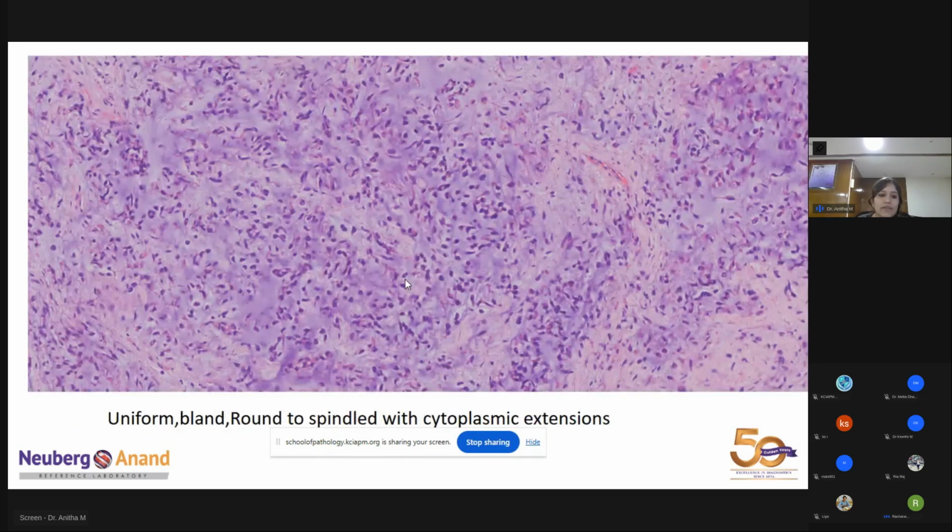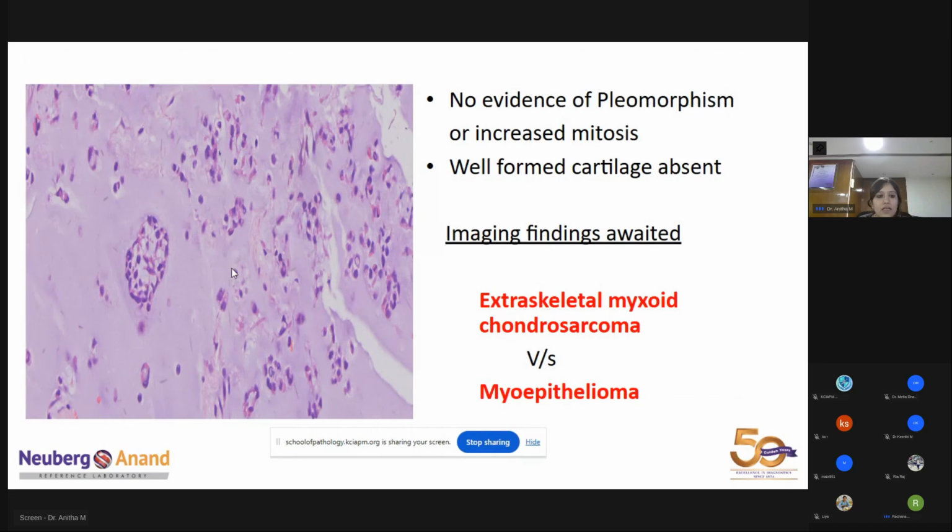Individual tumor cells were uniform and bland, like you described. They were round to spindled with dispersed chromatin, eosinophilic, with a few cells showing vacuolated cytoplasm. The spindle cells show cytoplasmic extensions. This image highlights the vacuolated tumor cells and the other bland, round to spindled cells.